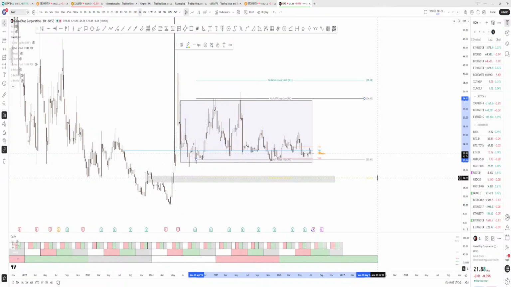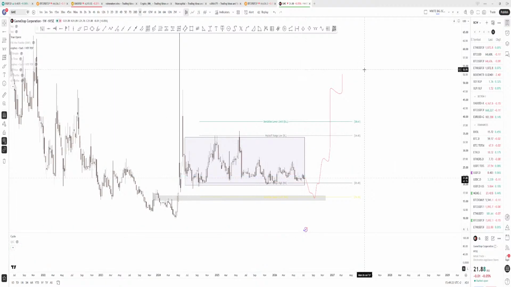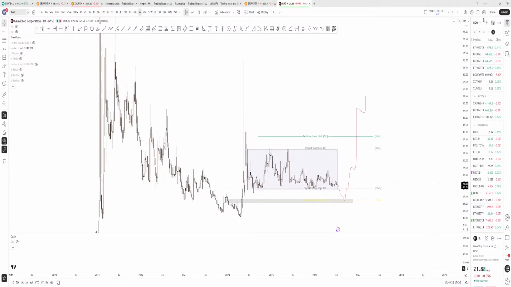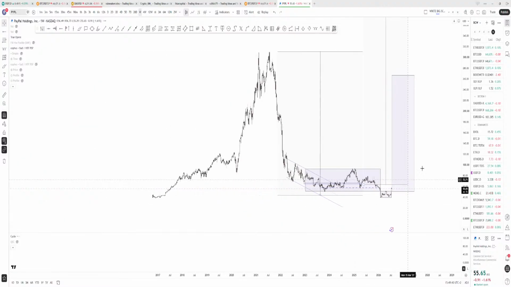Yeah, so if you are looking at this, then 26 is your possible bottom around this area, and then a move up. Let me just send these ideas into the group.